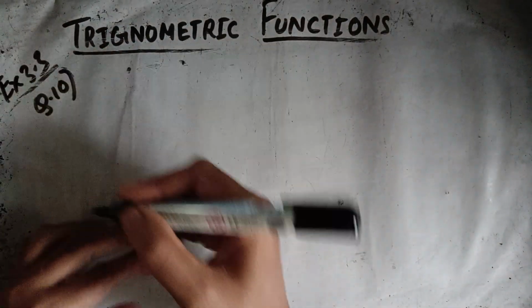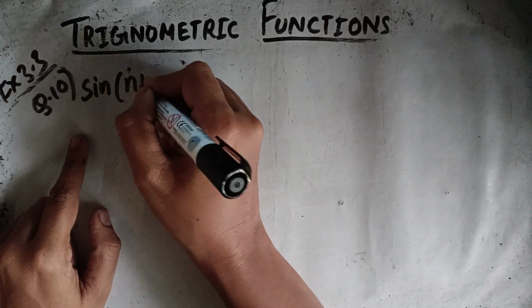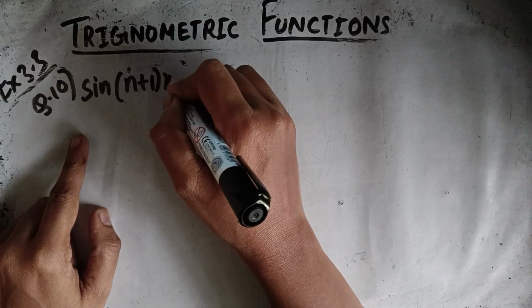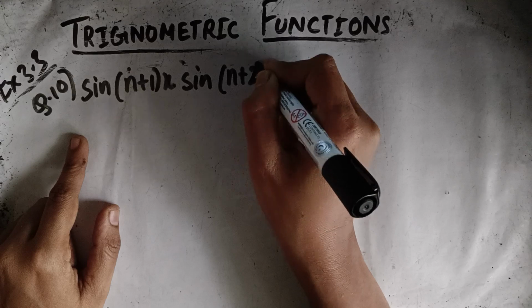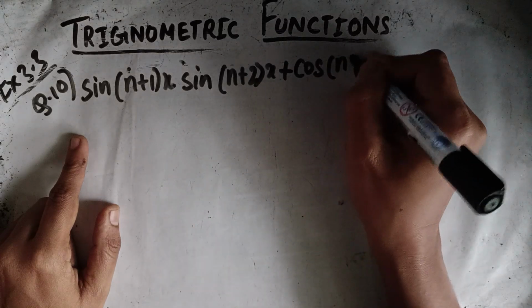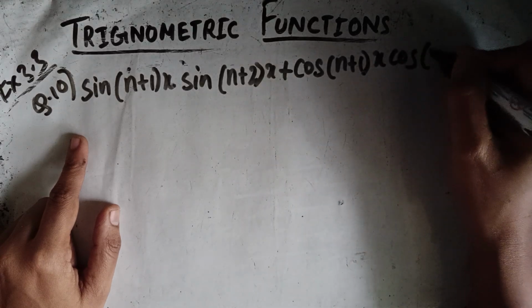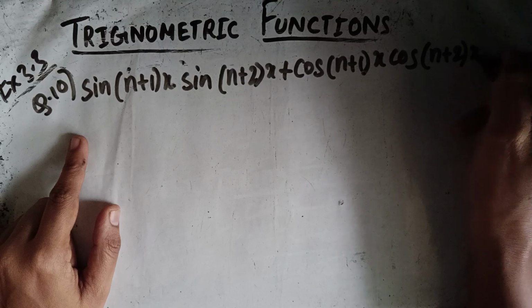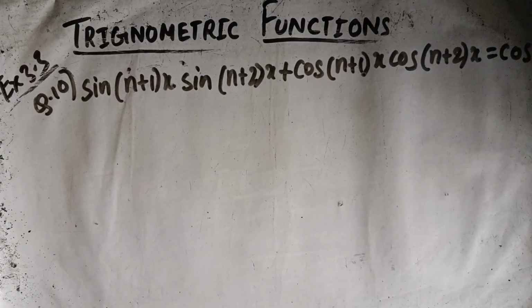Question 10. Sin(n plus 1)x sin(n plus 2)x plus cos(n plus 1)x cos(n plus 2)x equal to cos of x.